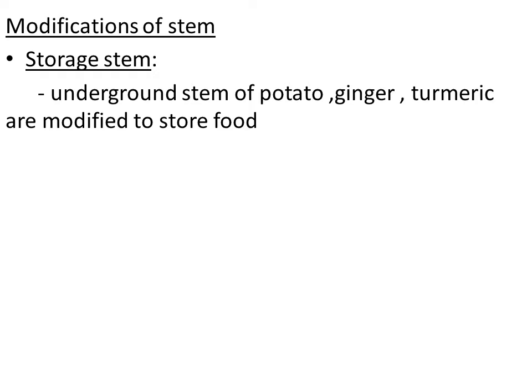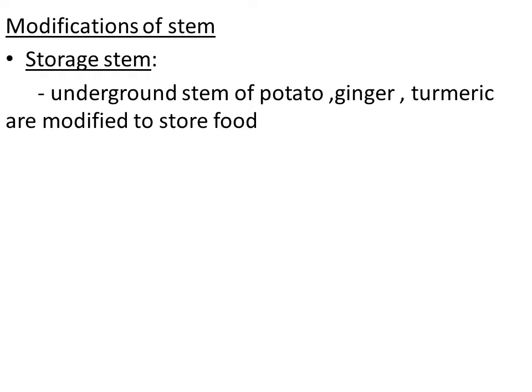Because when we define the stem, we say that stem is the aerial part of the plant, right? That is not always true. In some cases, the portion of stem buried in the soil is called an underground stem, right?